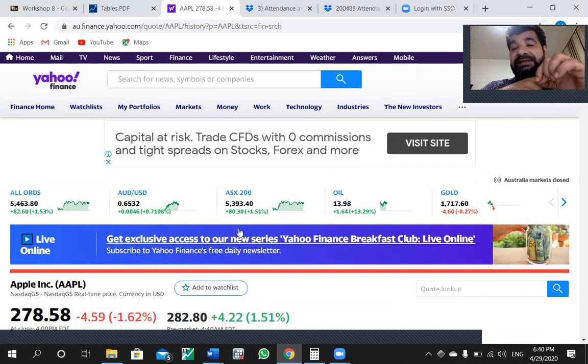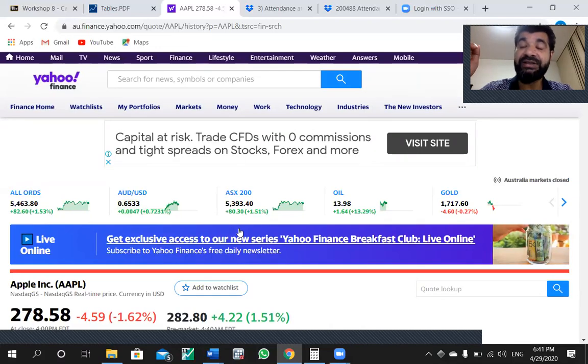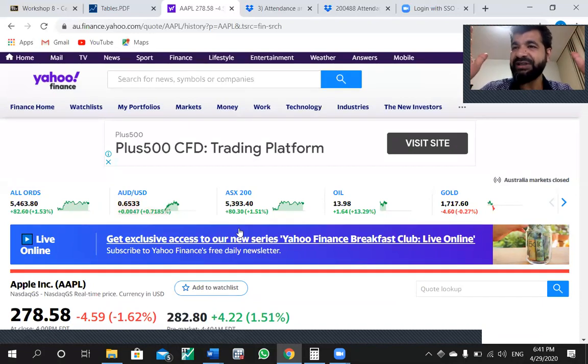I don't know if I showed you in class, but Apple did not pay good dividends. From 1980 until 1987, for the first seven years, they did not pay any dividend.